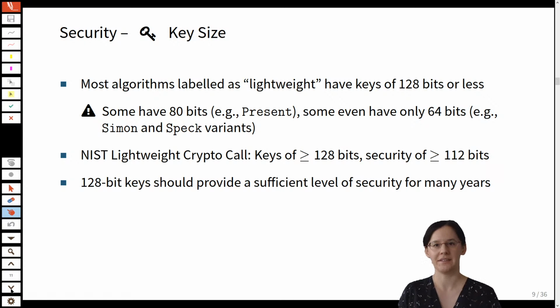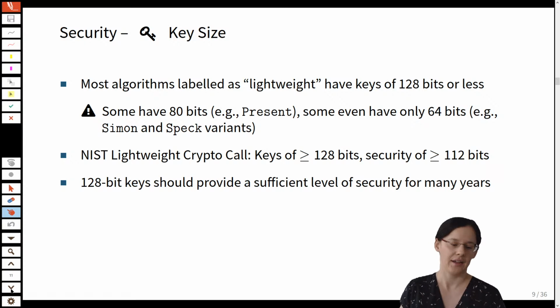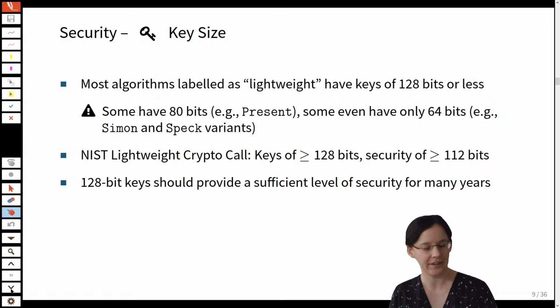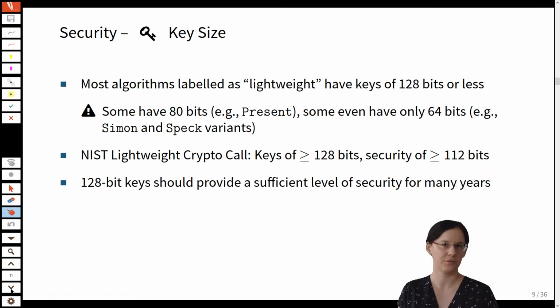And some people think this is okay because they think of scenarios where data is only valuable for a very short time. So more expensive attacks are outside the security scenario. However, there is currently an ongoing standardization process for lightweight crypto, and NIST said very clearly that they do want key sizes of 128 bits.